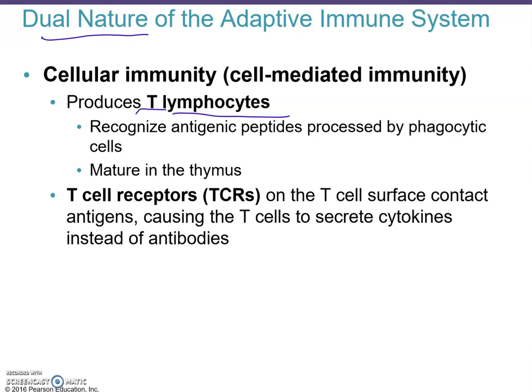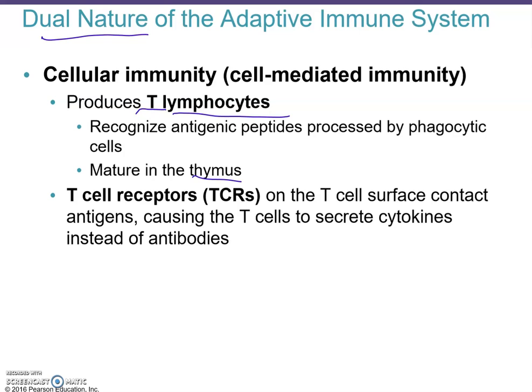T cells engage in sort of cell-to-cell combat, if you will. They have a variety of functions. They need to be activated. They recognize antigenic peptides, and they mature in the thymus if you still have one, if you're young enough to have one.